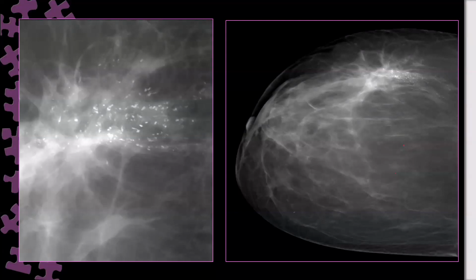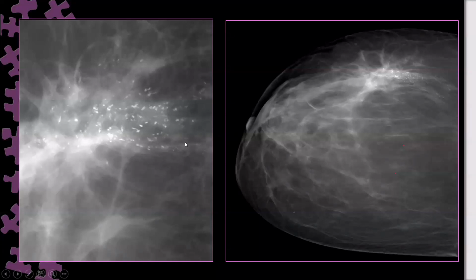But if it is associated with architectural distortion, is it only distortion? It's okay. This is the mass. Mass, not spiculated mass. This is spiculated mass. Because here, look at it here.